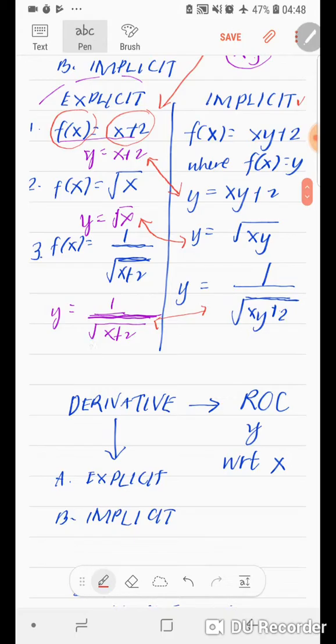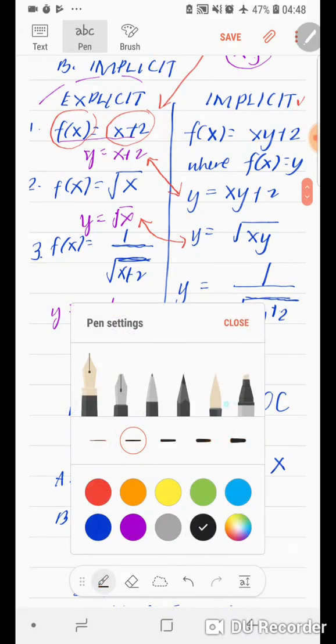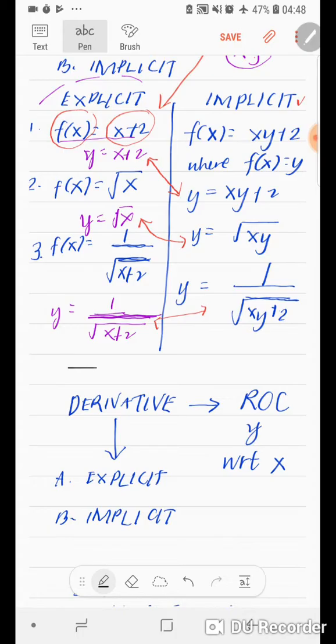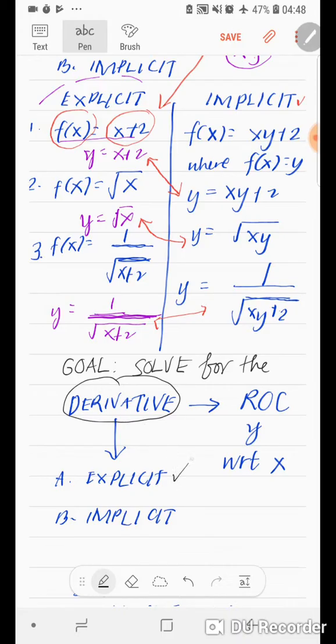So our goal, let's choose another pen. Our goal is basically to solve for the derivative. So solving for the derivative is a process that can both be applied to explicit and implicit differentiation processes, but all the while we all were exposed to the explicit.